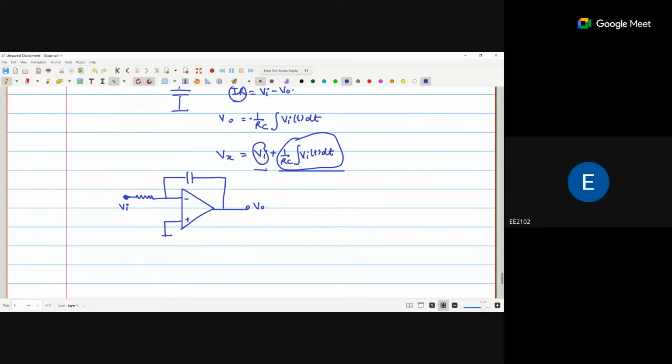We require one more Vi. So what should we do? We are connecting this one as a minus V naught by R.